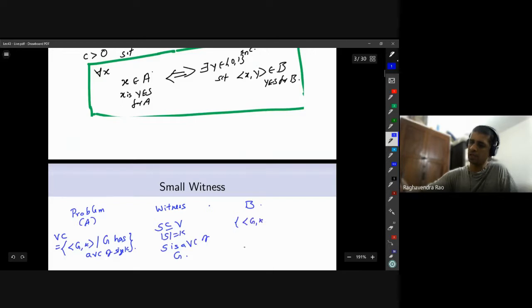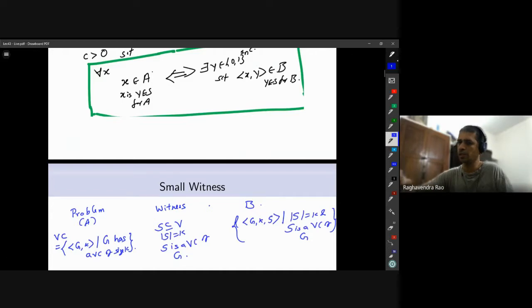G K comma S such that cardinality of S is K and S is a vertex cover of G. That is a set.